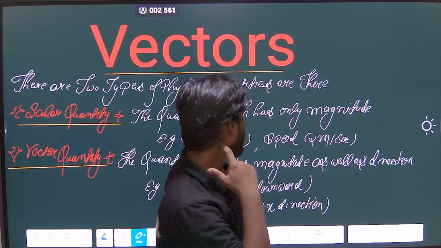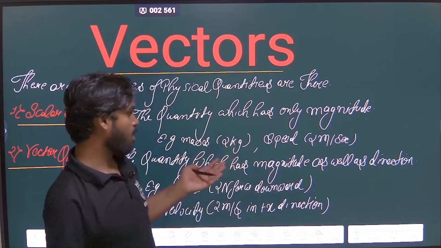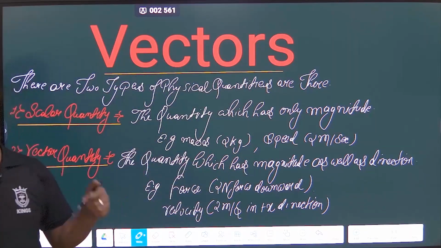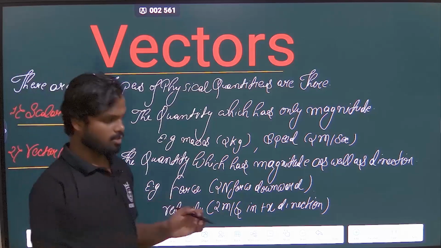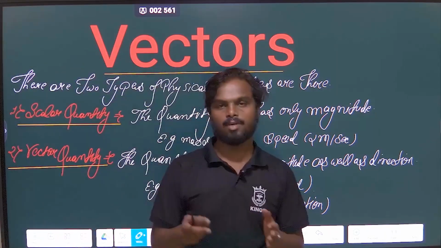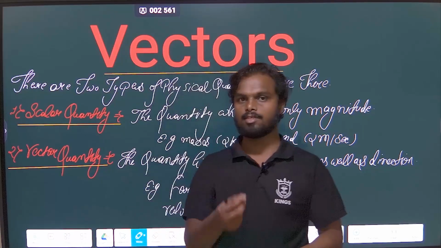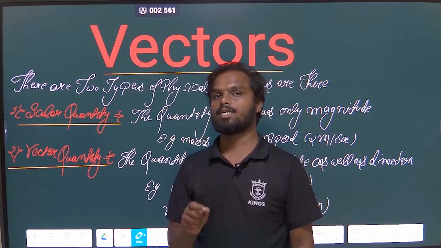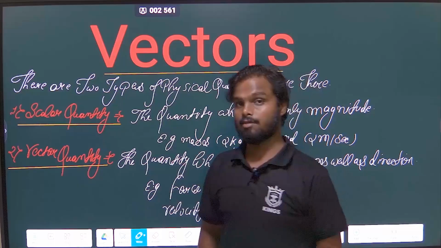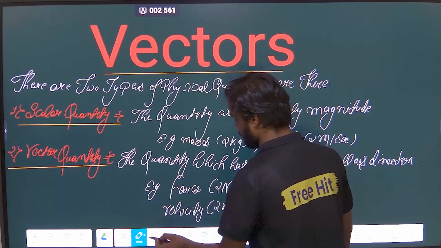Now, as I explained here, vector quantity means the quantity which has a magnitude as well as a direction. So is it necessary that any quantity with magnitude and direction is called a vector quantity? No, it should fulfill some other condition also, that is the vector law of addition. Let us understand with an example.